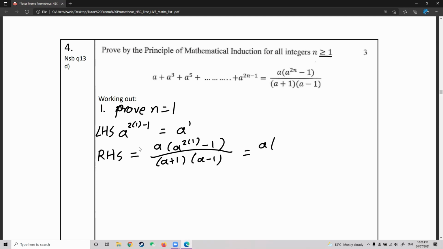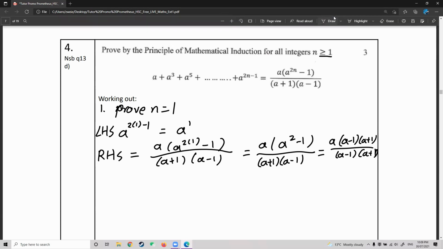So what I get is a squared minus 1 over a plus 1, a minus 1. And we know that a squared minus 1 can be split into a minus 1, a plus 1.